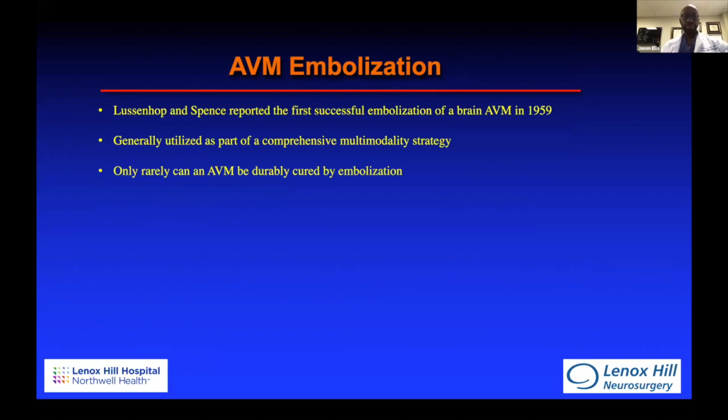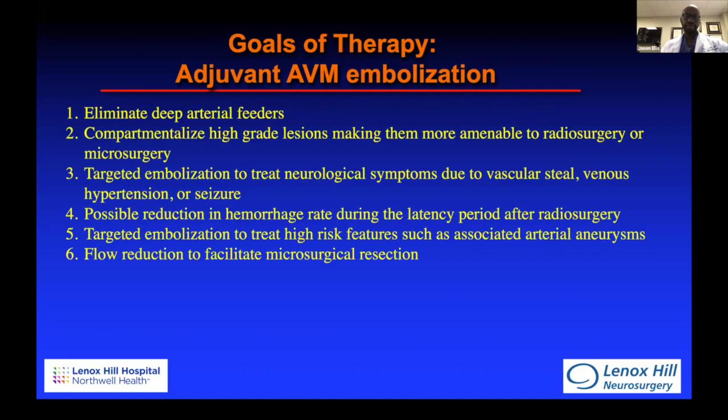So what are some ways that we treat AVMs? Well, we can embolize them. And the goals of AVM embolization are manifold. One, to eliminate deep arterial feeders. And that's very helpful if we're actually planning to go ahead and do surgery on them.